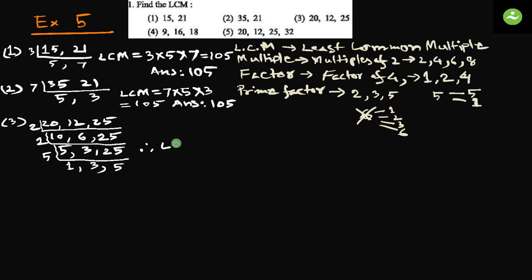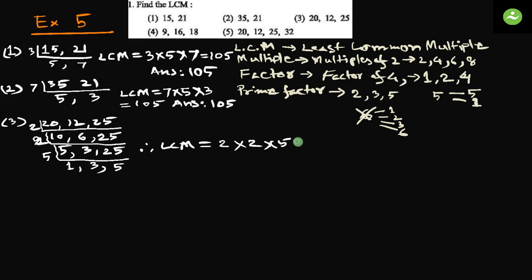Therefore, LCM equals 2 into 2 into 5. We will ignore 1. We will not write the 1 because it doesn't make any change to the value.